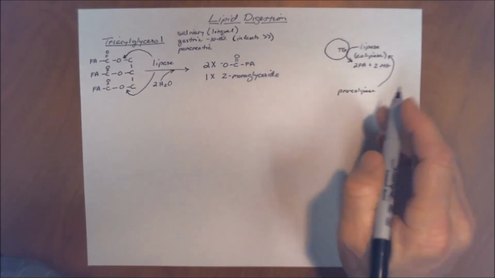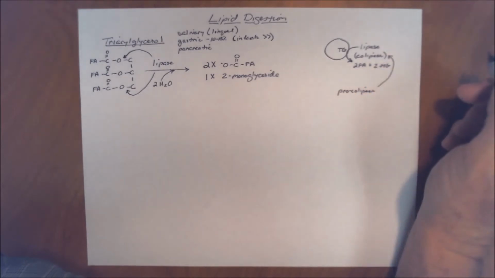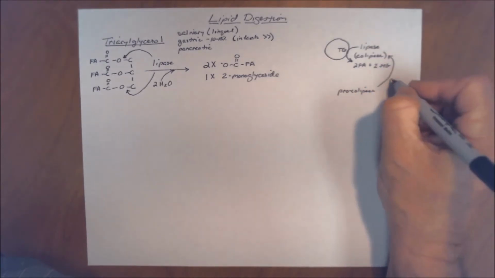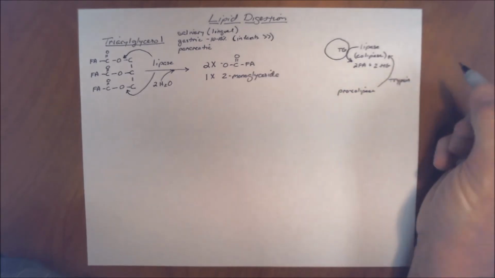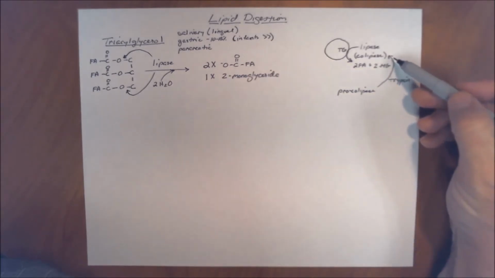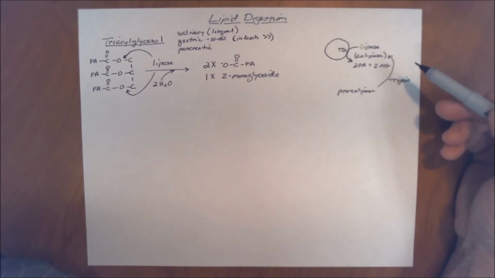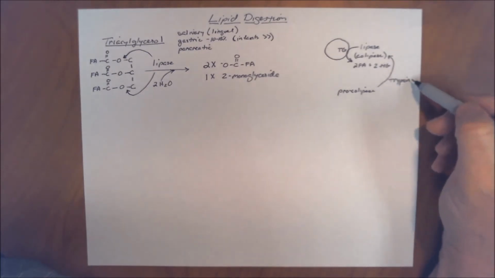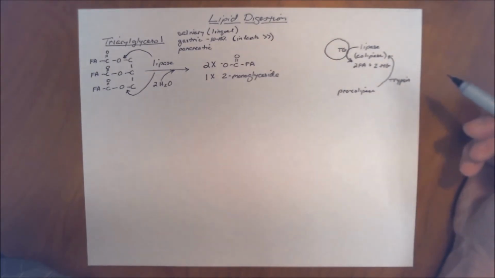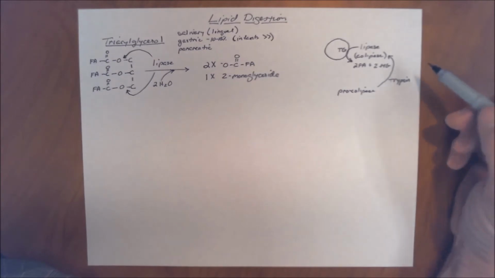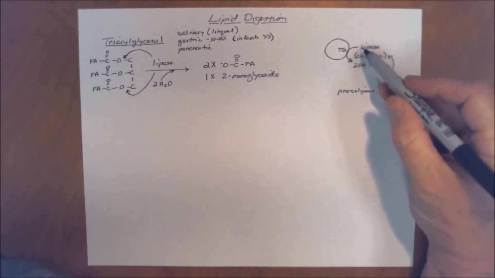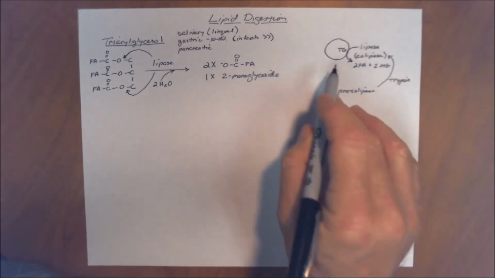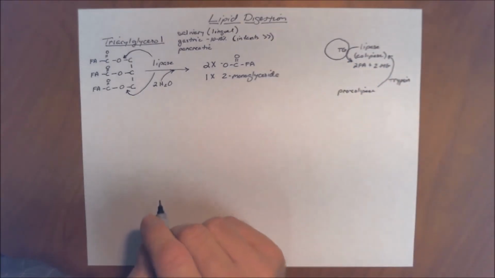The procolipase has to become activated into colipase, and this occurs by trypsin. So we're looking at the similar sequence here as in protease digestion. The trypsin must become activated first from trypsinogen by the enteropeptidase, and then convert procolipase into the active colipase, and now the lipase can actually work to hydrolyze the fat.